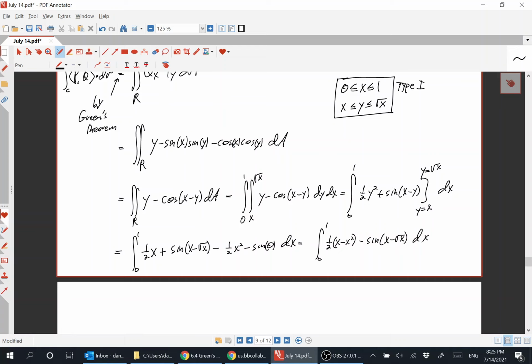You can't get the antiderivative of that. Sine x minus root x. There's no antiderivative that you can figure for that one. They're saying it's 1/12. It's not.